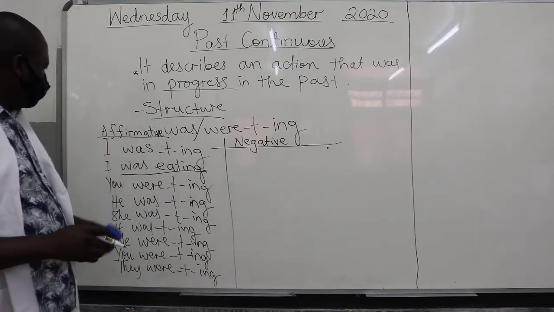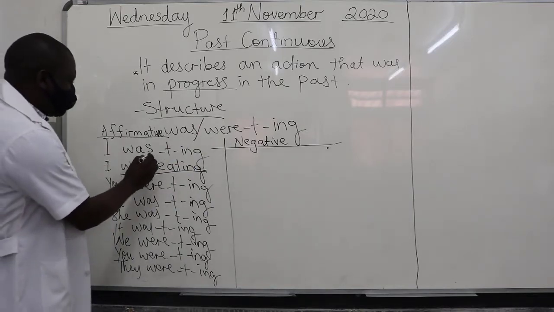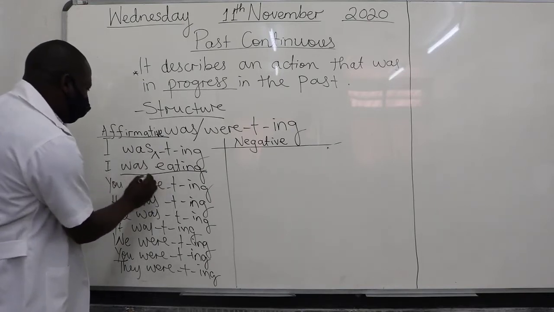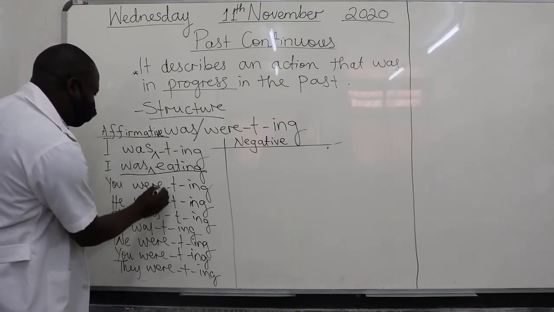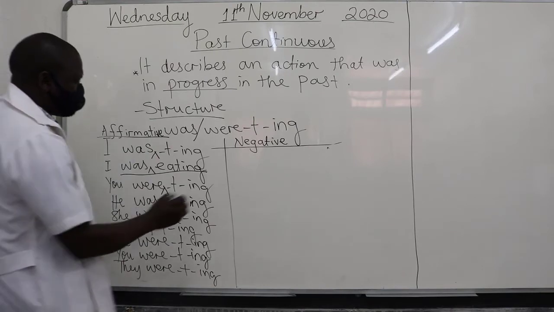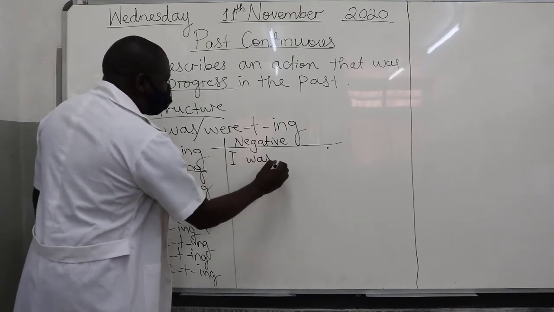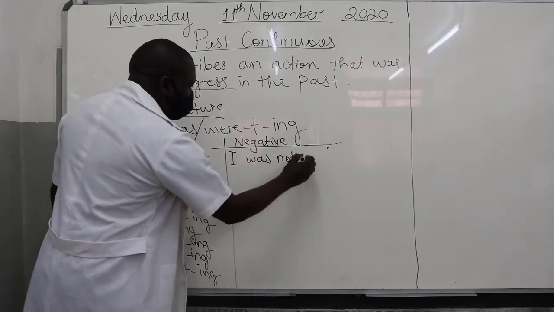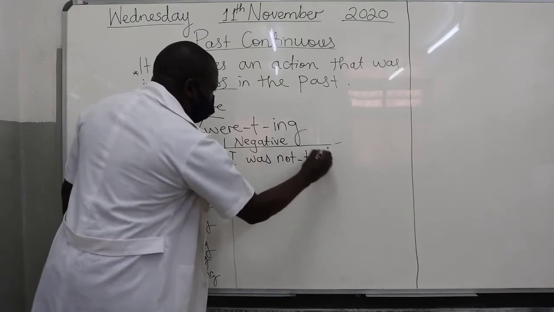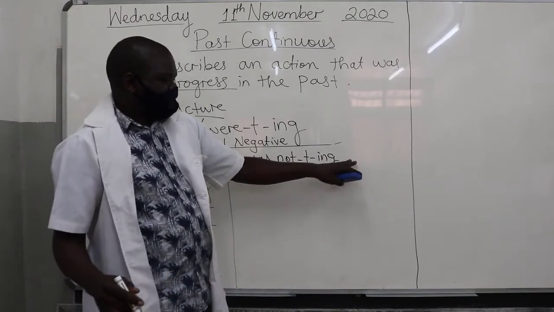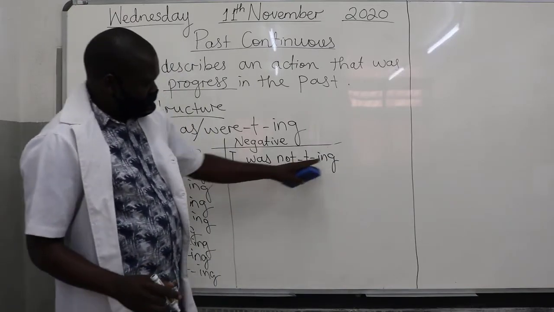We simply have to add not after the auxiliary verb. So we say I was not plus the main verb in gerund form. So, I was not taking photos.